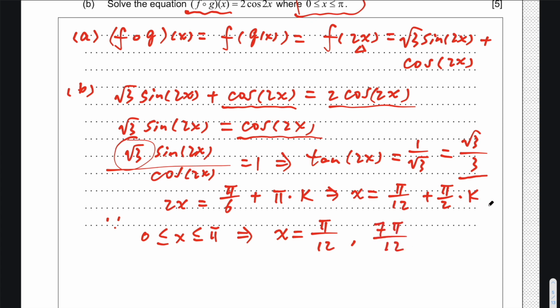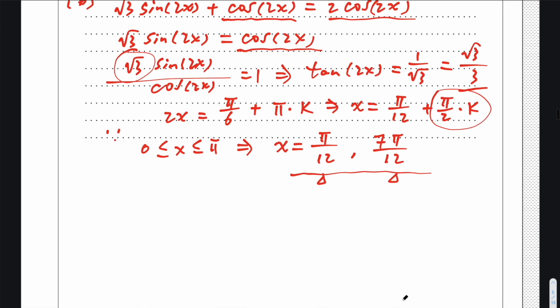And if k is 2, this becomes pi, and this value would be greater than pi. So the only two acceptable solutions are these two, right? Okay, so that's for question 3.